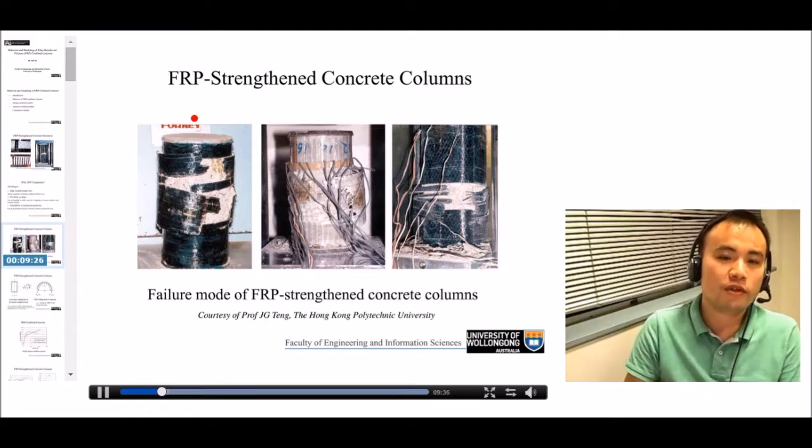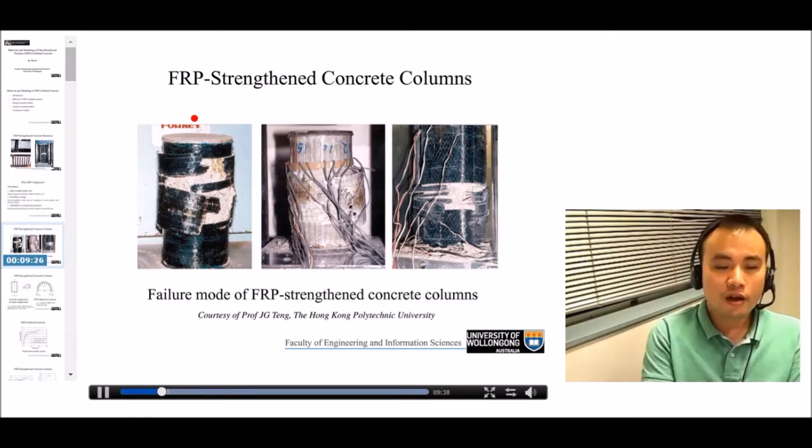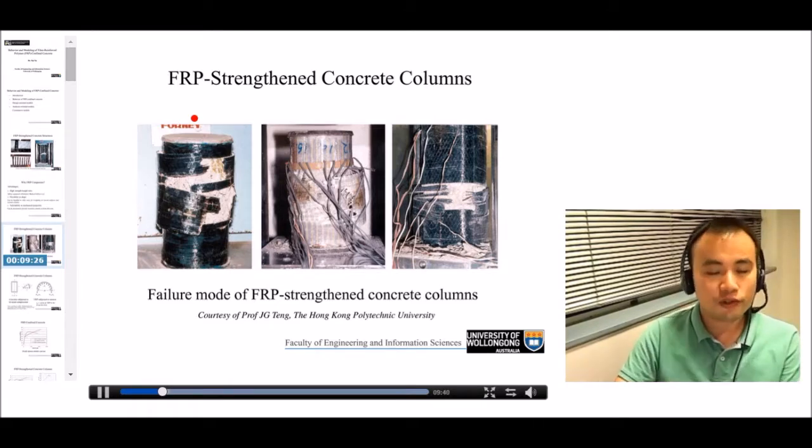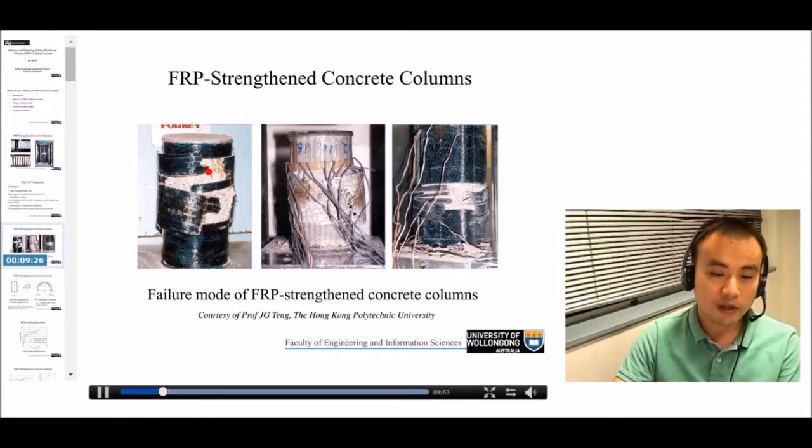Now let's move to the behavior of FRP-confined concrete columns. Let's start with the failure mode. We know that when concrete is under compression, it expands laterally. And in an FRP-confined concrete column, such lateral expansion is constrained by the FRP. Consequently, the FRP is subjected to hoop tension.